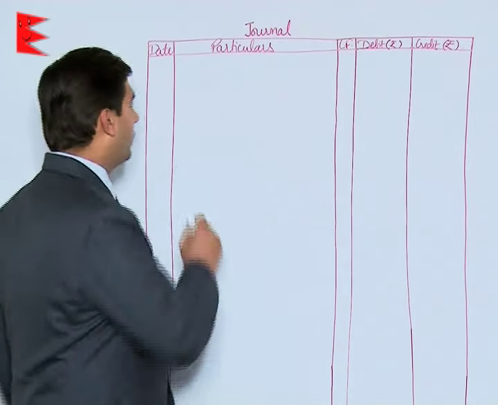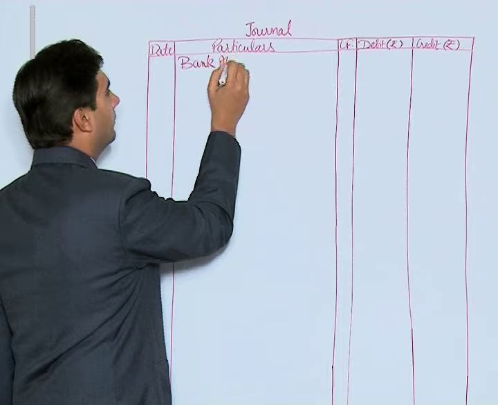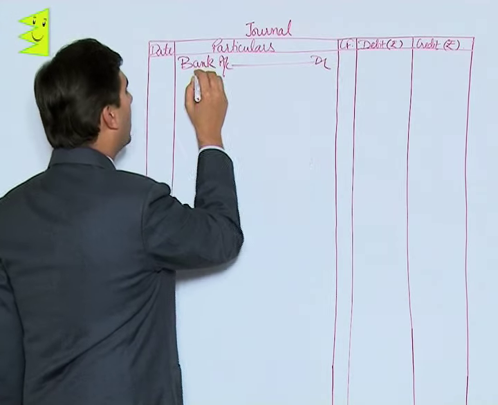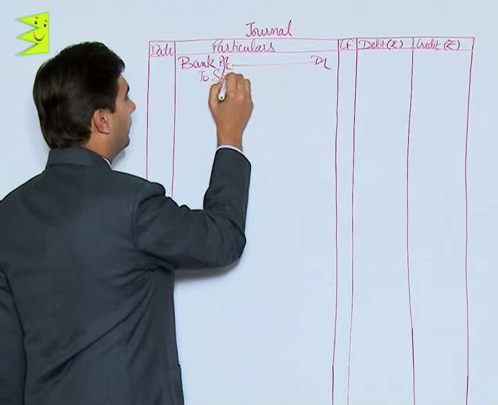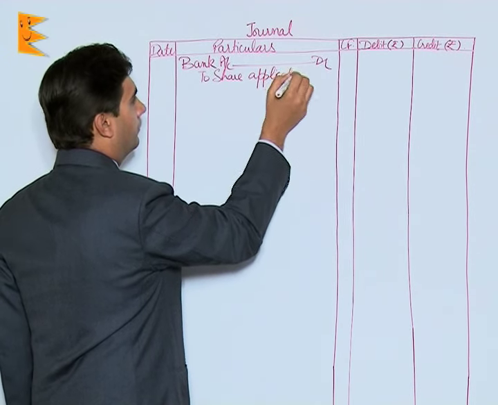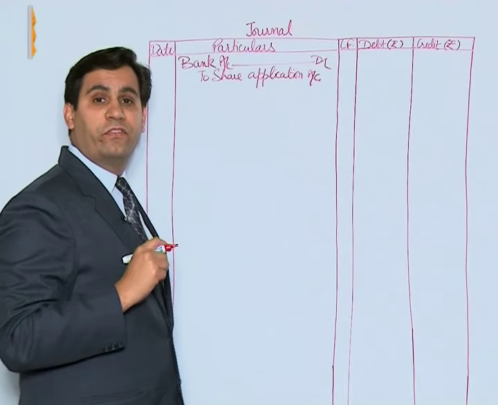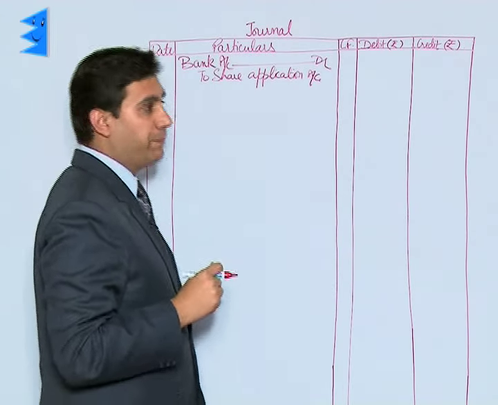So the first entry would be bank account debited to share application account. This entry signifies receipt of application money by the company.